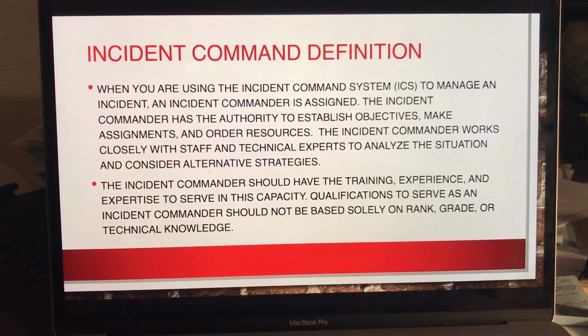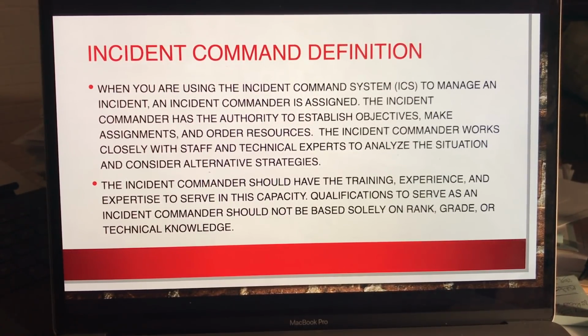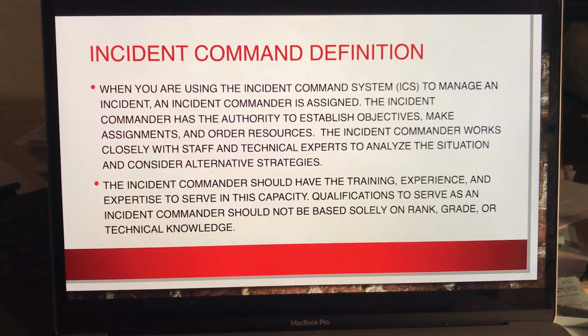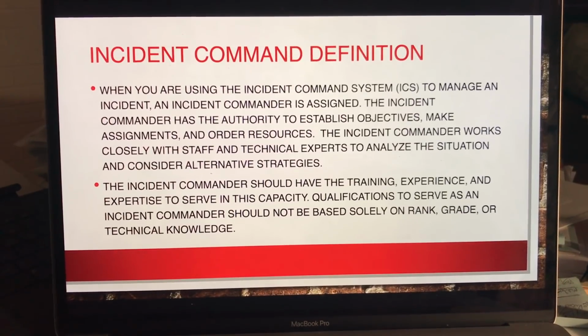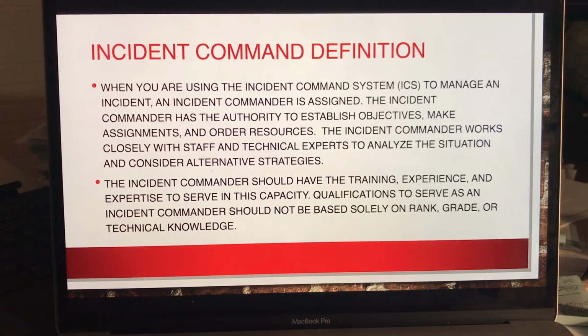Incident command definition. When you are using the incident command system to manage an incident, an incident commander is assigned. The incident commander has the authority to establish the objectives, make assignments, and order resources.